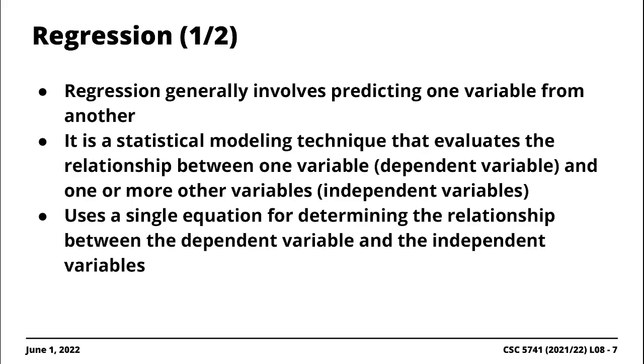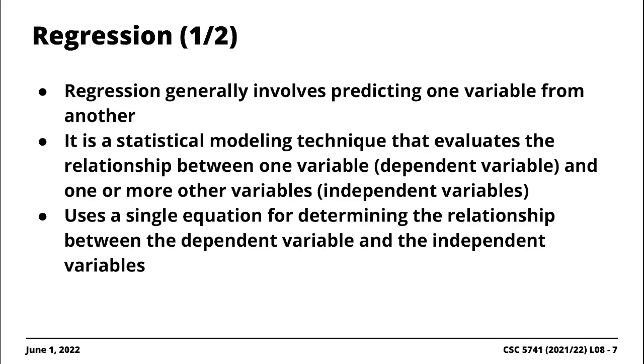Yet another thing to point out is that the final form of the equation is also highly dependent on the total number of independent variables that you're working with, right? So if we are interested in, let's say, predicting student learning outcomes, and the only feature or data attribute that we are using is, for instance, the gender of the student, that's a classic univariate equation.